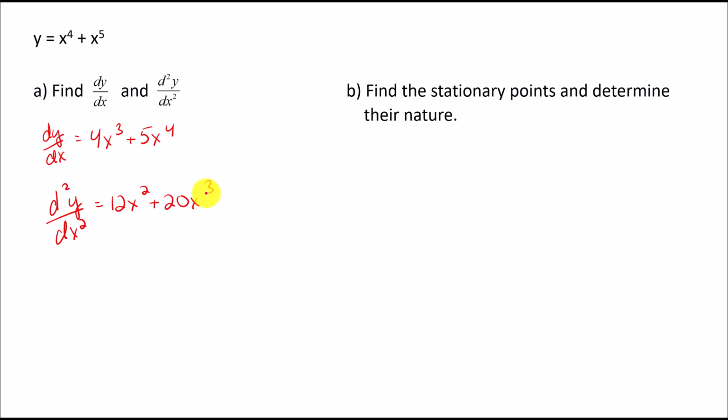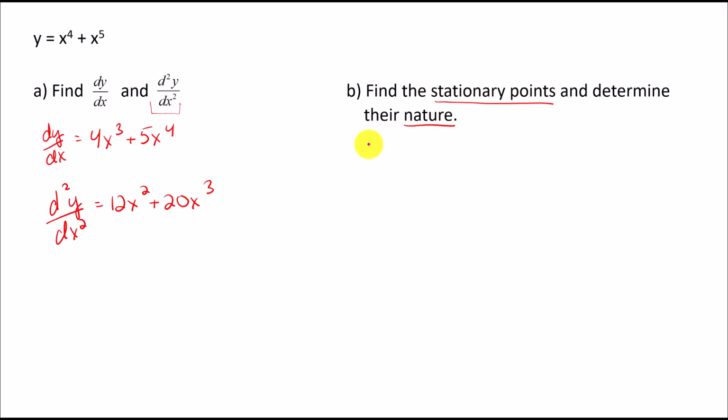Now, we know that we can use this first derivative and do a sign chart to figure out if I have a maximum or a minimum. But in this case, I was asked to find the second derivative anyway, and if that's true, then I can use the second derivative to figure out the nature of the stationary points. I still need to find the stationary points.